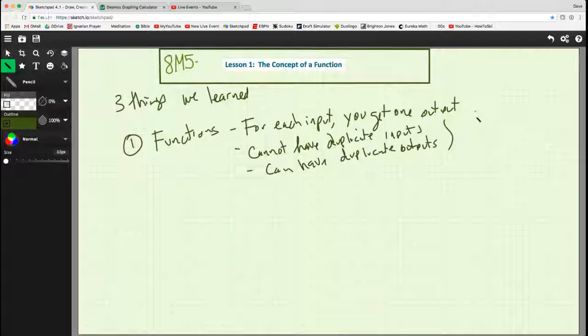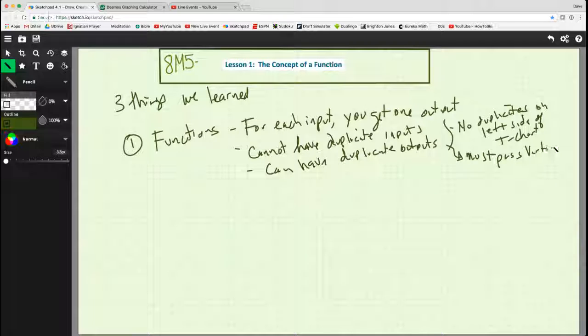Another way of saying that is there's no duplicates on the left side of the t-chart. And another way of saying it, and maybe it's hard to figure out why, is that you must pass the vertical line test.